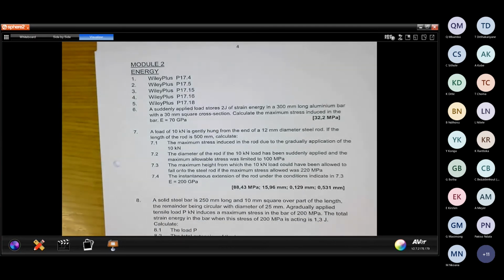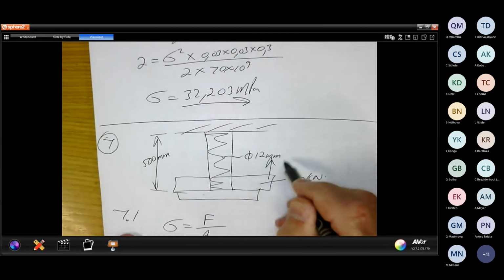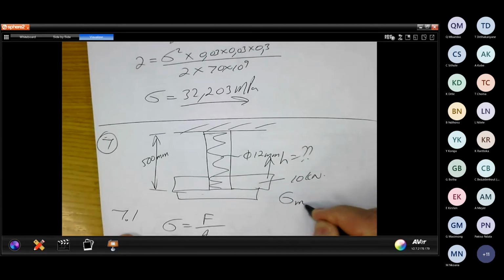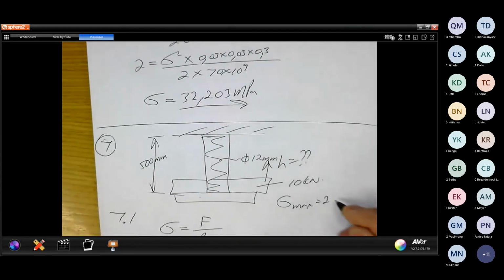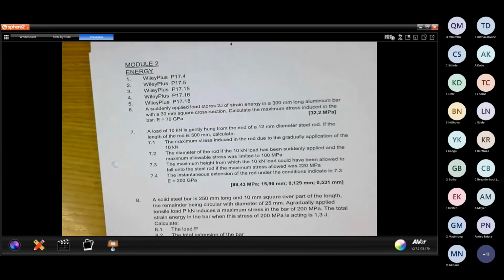Now I pick this thing up to a certain height, and I let it fall down onto my collar, and my maximum stress is equal to 220 megapascals. Right. Okay. Quickly see if you can calculate that for me. The maximum height, you will pick it up.